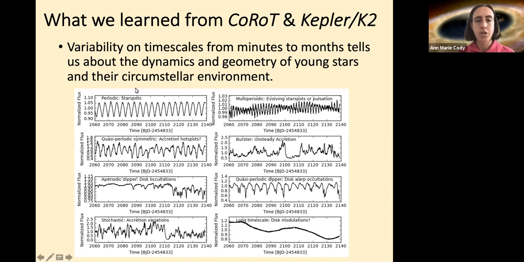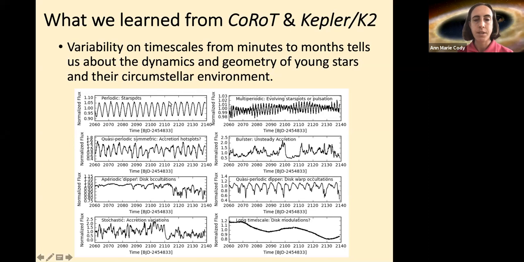So perhaps the most simple is the periodic or multi-periodic light curves, and we believe those are due to magnetic star spots on the stellar surface. Every time the star completes a rotation, you will see a repeat period of whatever the star spot pattern is, according to how large those dark spots are and how they are distributed about the stellar surface.